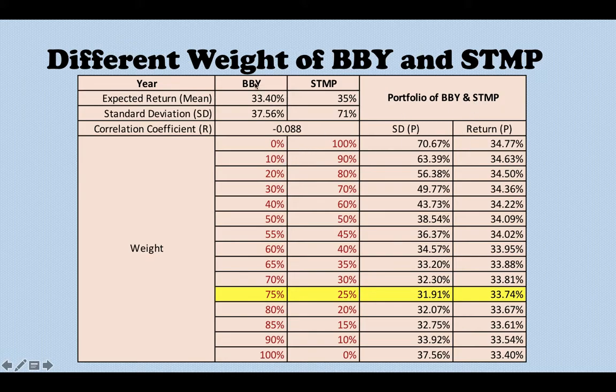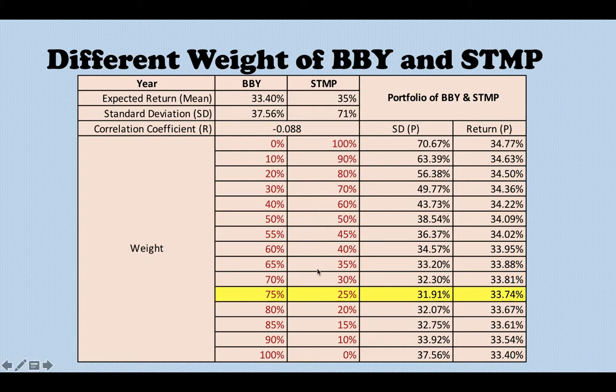If I hold 10% Best Buy and 90% Stamp, I just increase a little bit of Best Buy. Then I can reduce my standard deviation while reducing the return only a little.